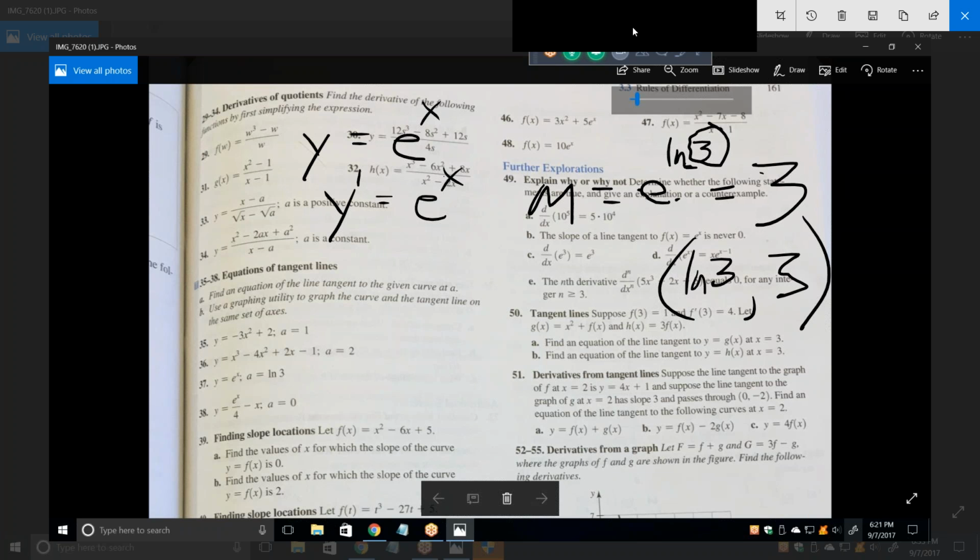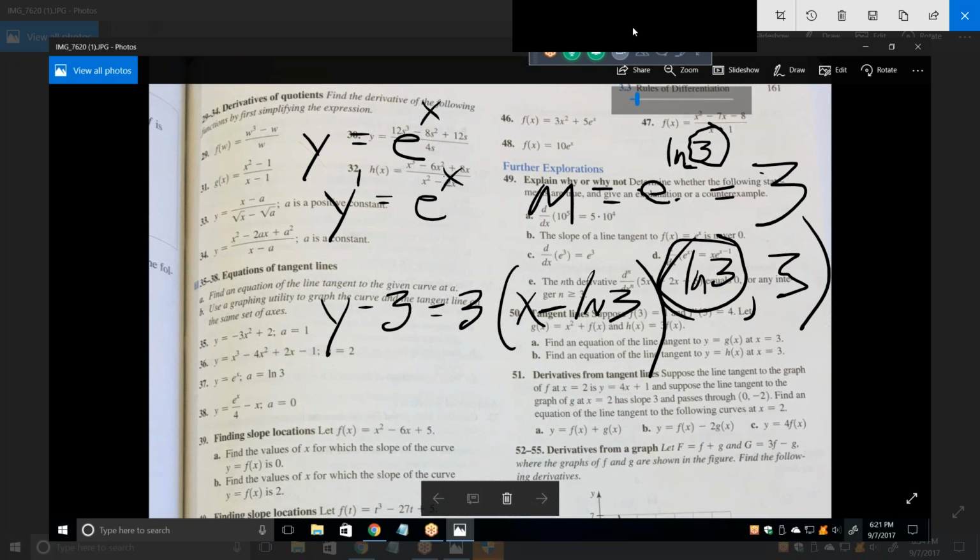Point slope format. y minus 3 equals 3 times x minus natural log of 3. Remember, that's our x value, natural log of 3. Oh, you're right. Okay.